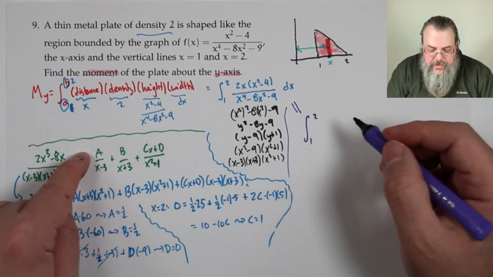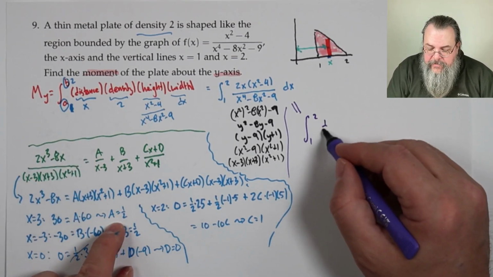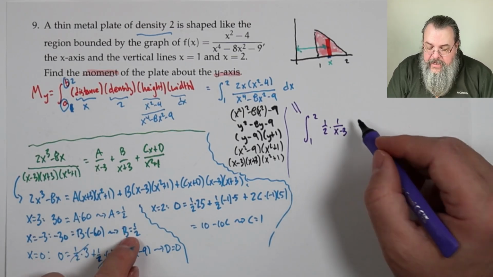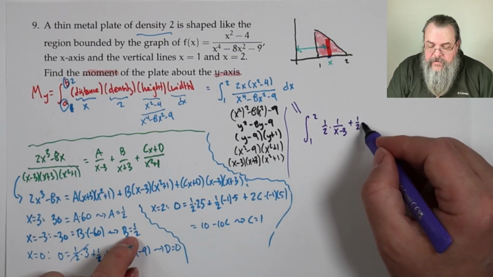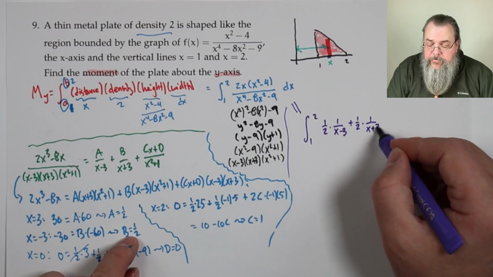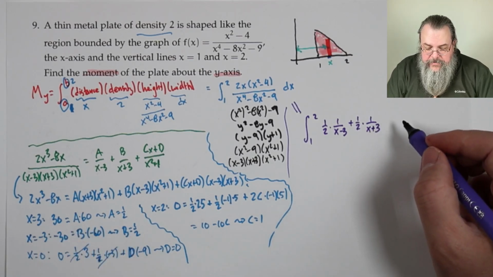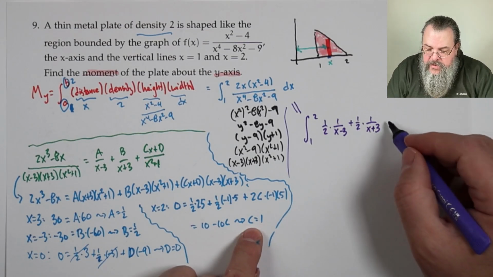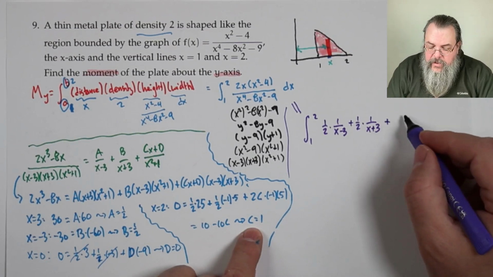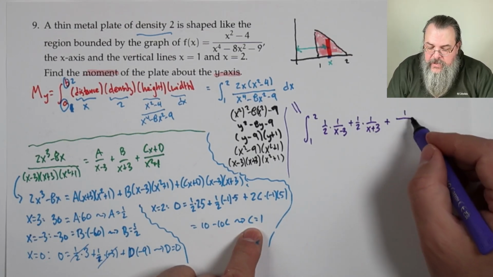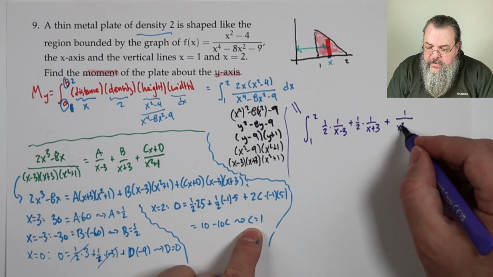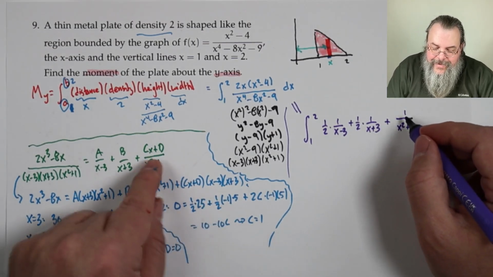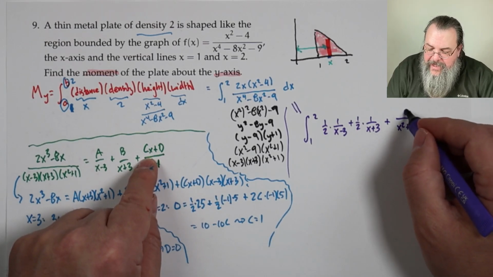So a was 1/2, so 1/2, 1 over x minus 3. b was 1/2, plus 1/2, 1 over x plus 3. And then we have cx plus d. Well, c was 1, so we get plus 1 over x squared plus 1. Oh, sorry. c is multiplied by x, so 1x.